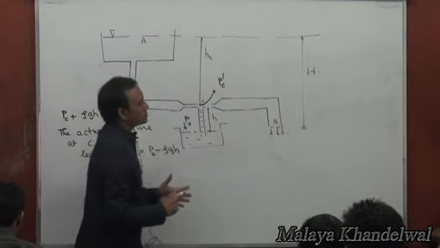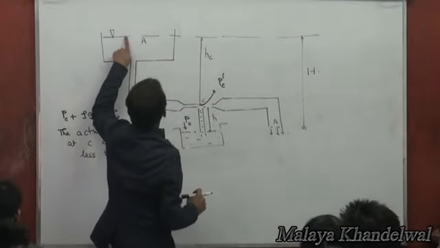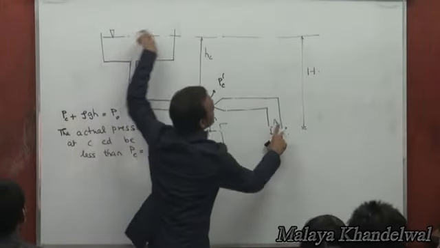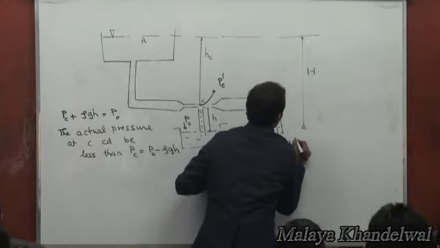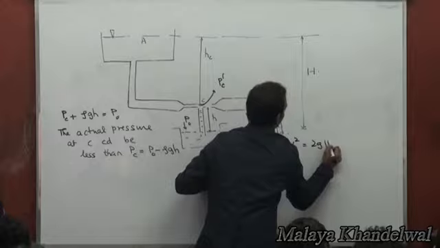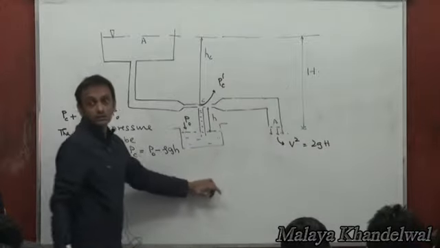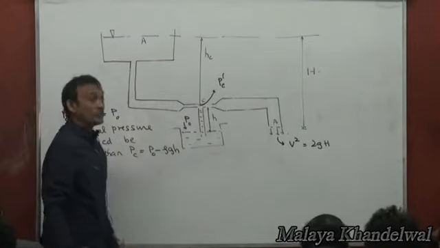One of the things that you would easily appreciate is if I apply Bernoulli between this atmosphere and this atmosphere, falling through a height H, then the velocity with which this flows is V squared equal to 2gH, right? So V is known.